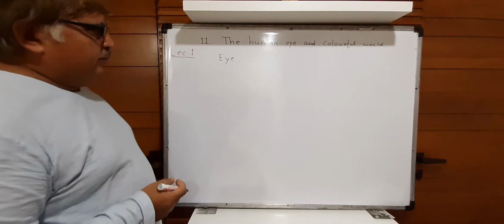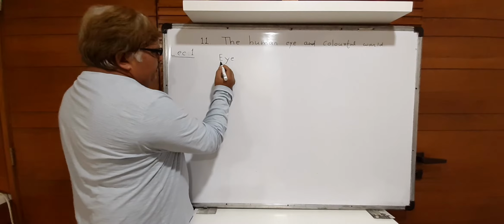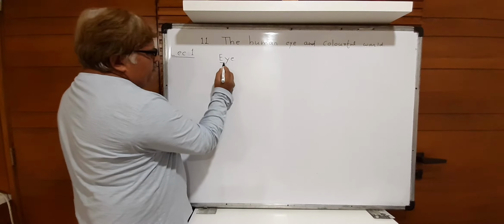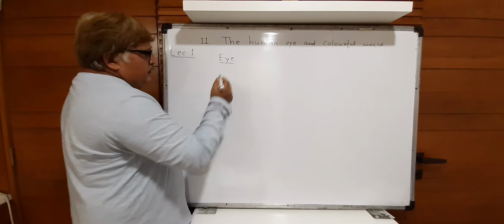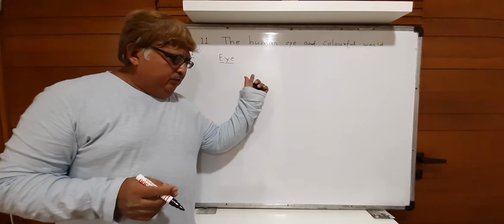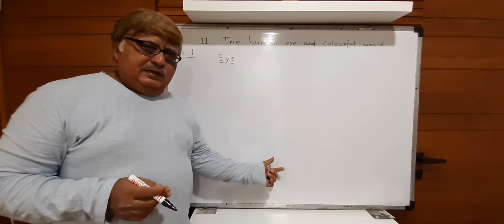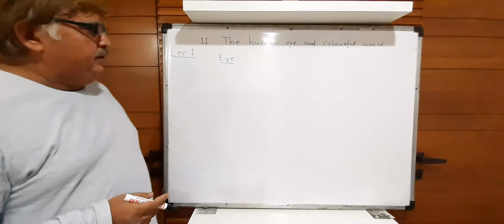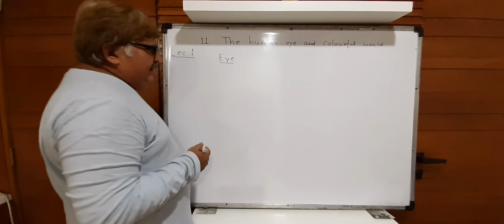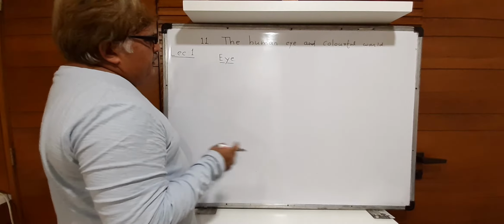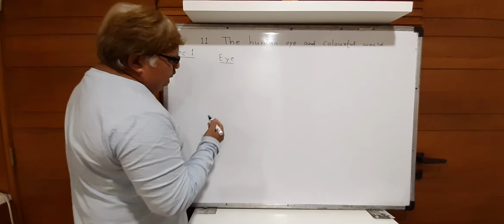This is our topic today. I will try to draw the figure, and from the figure I will give you an idea. Let us draw a rough sketch of the internal structure of the eye.